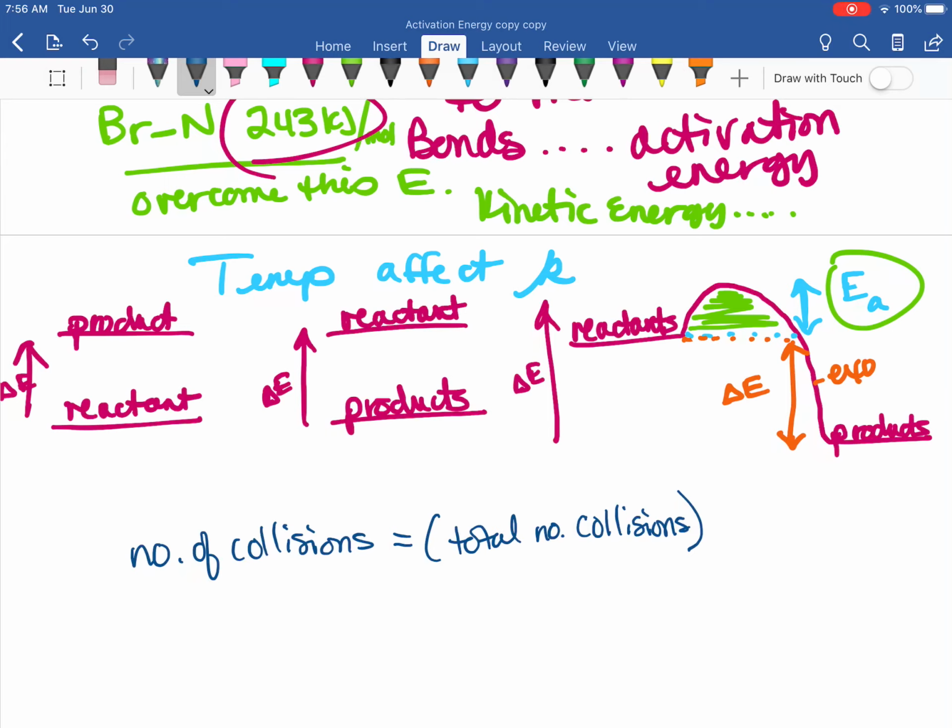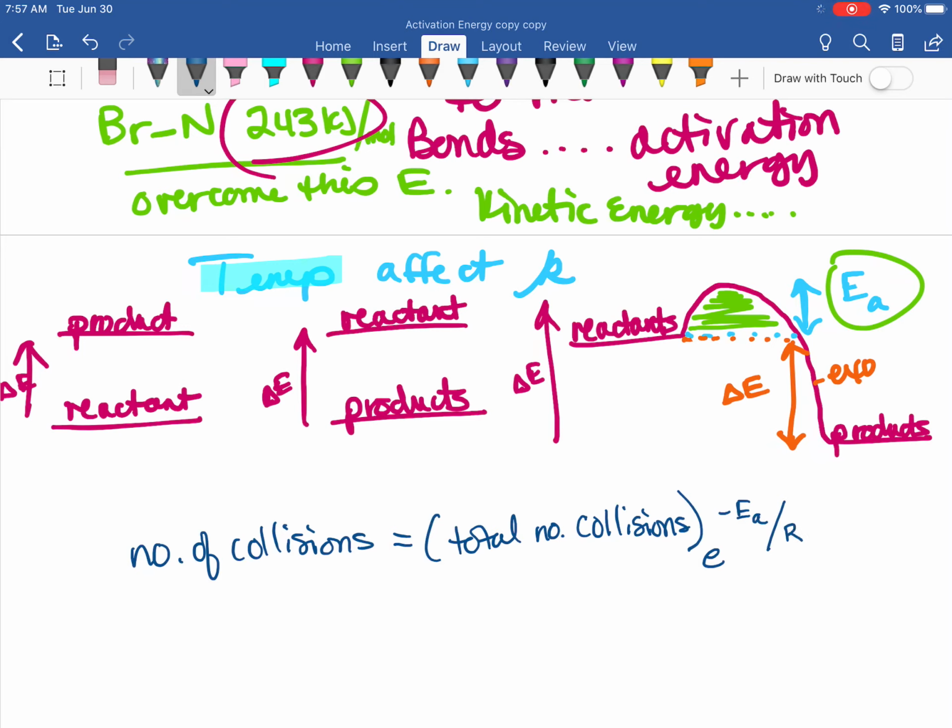Now we need to include that activation energy, and we have to keep in mind that temperature has a huge effect on this. And so it turns out that rates are exponentially affected by temperature. So this equation is e to the activation energy.